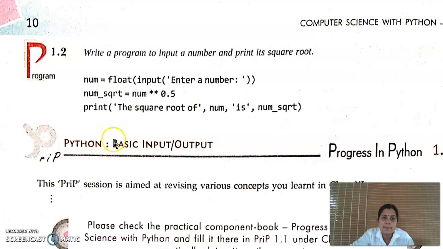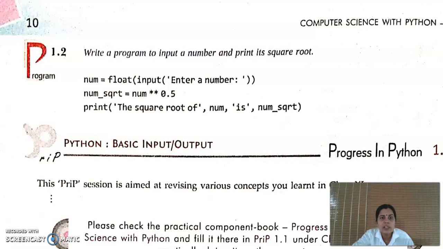So here we are inputting a number which is converted into float, because when we input a number without using this statement, the number is in the form of a string, which is not possible. Manipulation of string data is difficult in arithmetic operations, so we converted it into float. So num contains the number whose square root we have to find.